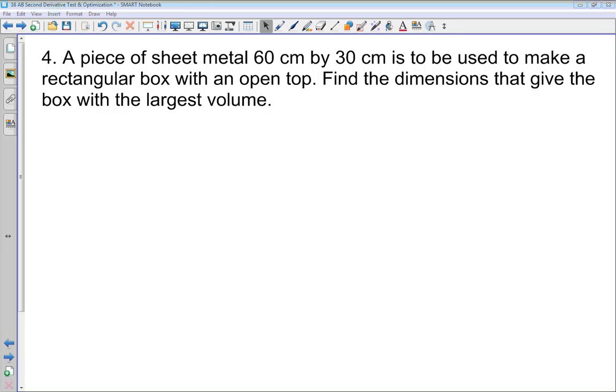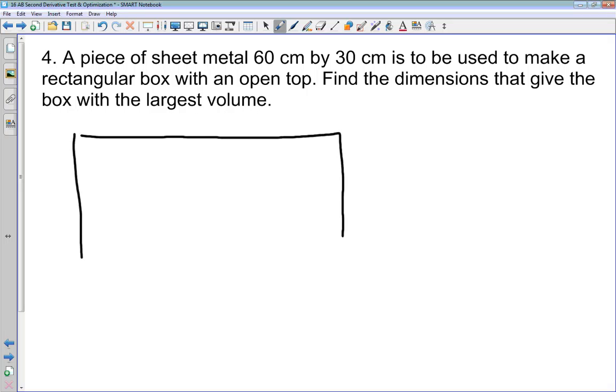So when they ask you a question like this, they mean for you to make the box in a very, very specific way. Let's just draw out what our piece of sheet metal looks like here. It's a big rectangle. We've got 60 centimeters by 30 centimeters.